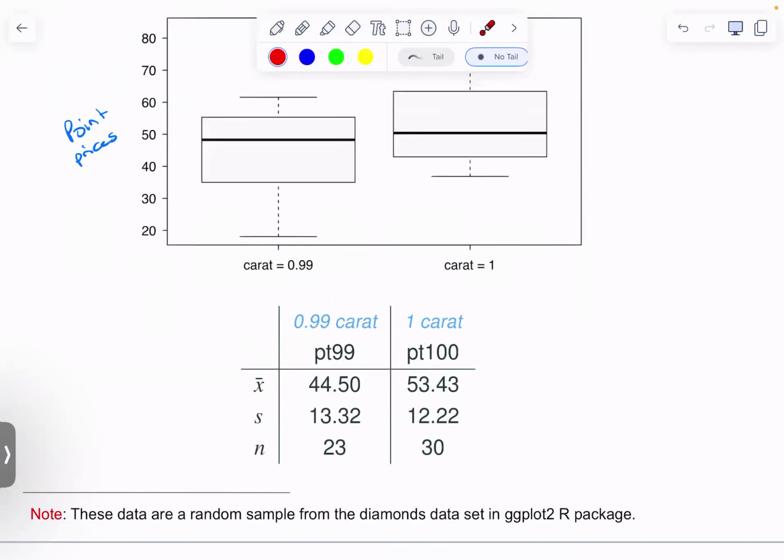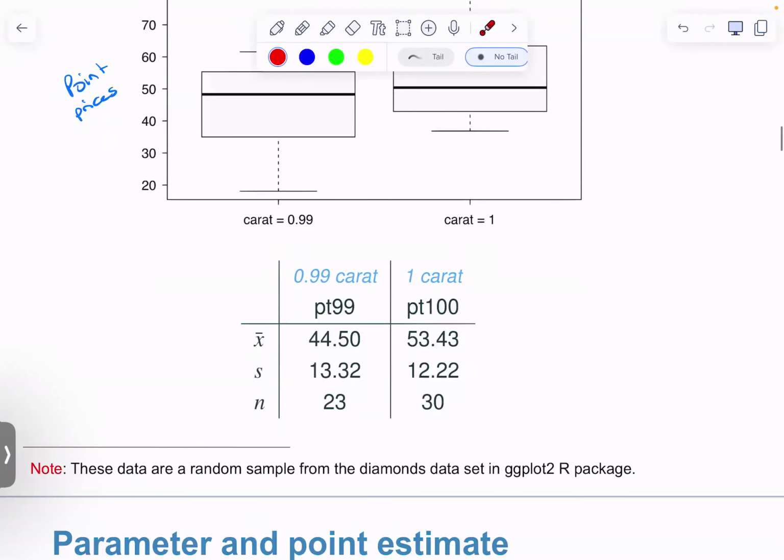Like I said, because there's a lot of information that I have to give you, often I'll just summarize it in a table. So here's one way that I could summarize it. The 0.99 carat diamonds, the 99 point diamonds, had an average point price of 44.5, so $44.50 per point.